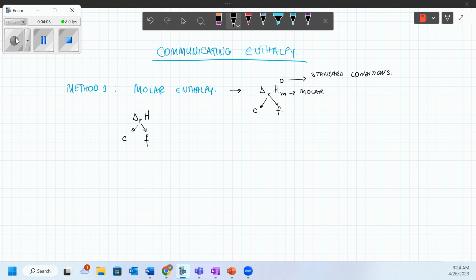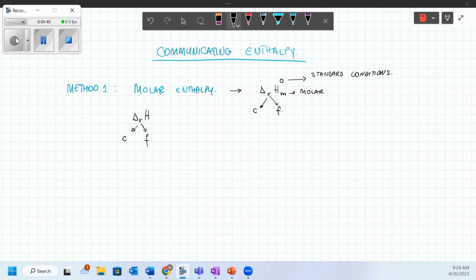Good. So now, when we take a look at pages 4 and 5 in your data booklet, what you will notice is some compounds for which the molar enthalpy of formation is given. When we are stating molar enthalpy of formation, it is formed from its basic elements. Let's say manganese oxide: you have manganese plus oxygen giving you manganese dioxide.